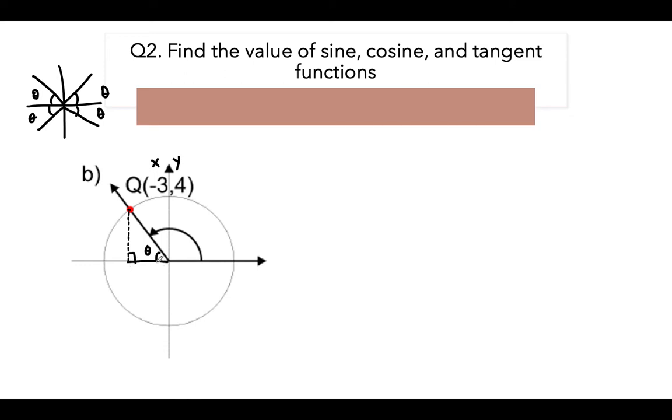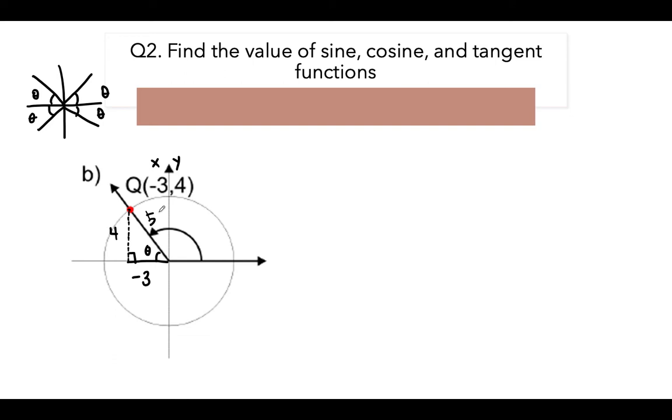And the bottom is going to be -3, and y is 4. Okay, so now to find the hypotenuse, we're going to use the Pythagorean theorem. When you do the Pythagorean theorem, by the perfect square, the sum is going to be 5.